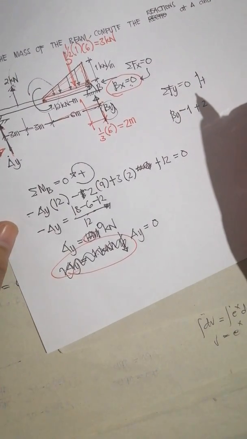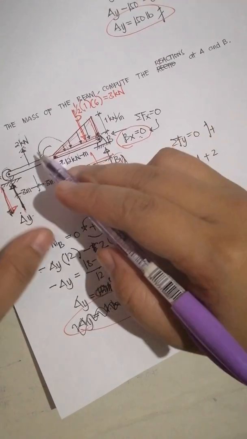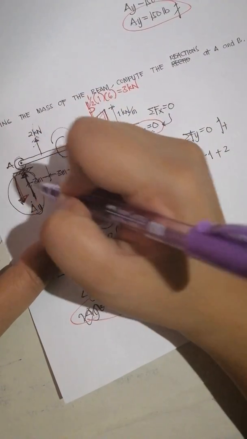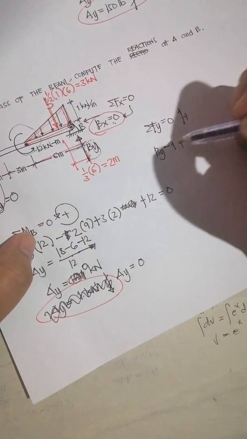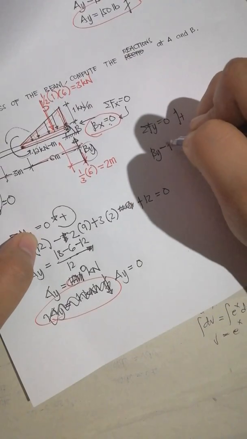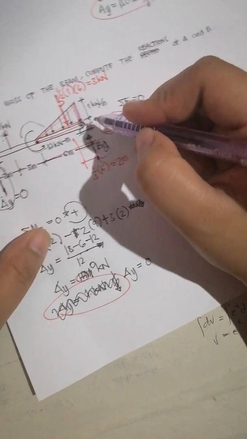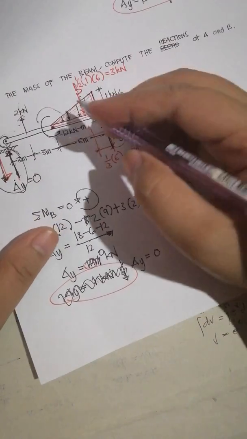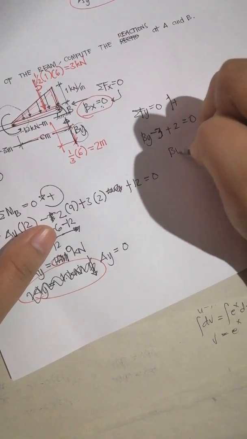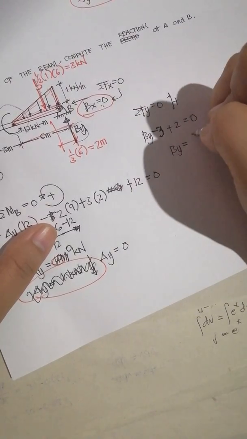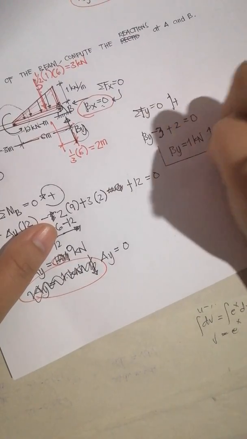AY is actually 0. So, for BY, the downward forces: the 3 is downward, the 1 is upward, and this one is upward 2. So only two. So BY is equal to 3 minus 2, 1 kilonewton. So it's positive, so we are correct that it is upward.